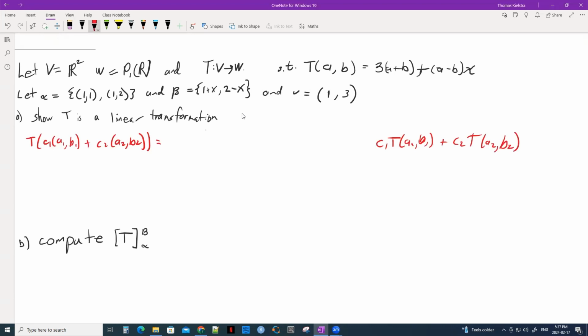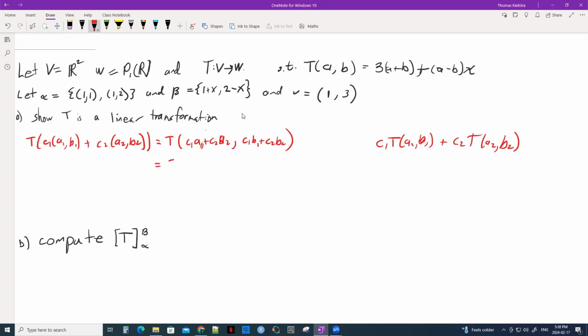Here, this is going to equal T of (c1a1 + c2a2, c1b1 + c2b2). I need to do this before I can apply my definition.